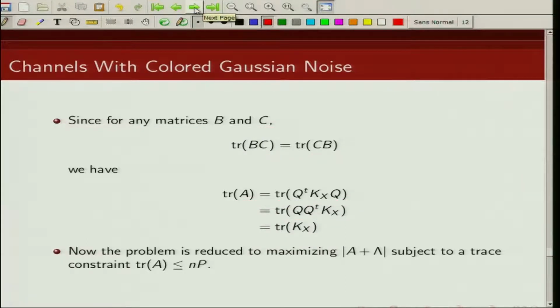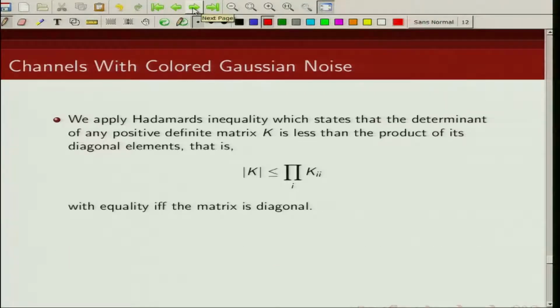So then the problem reduces to maximizing this determinant of A plus lambda subject to this trace constraint, where the trace of A is less than or equal to n times P. Now to solve this, we are going to take help of Hadamard inequality. Now recall in the lecture for differential entropy we have proved this Hadamard inequality.